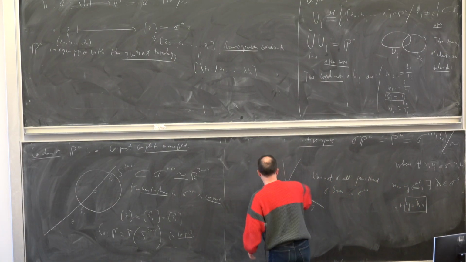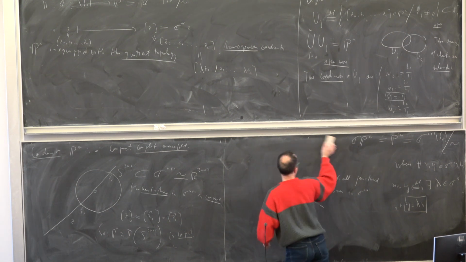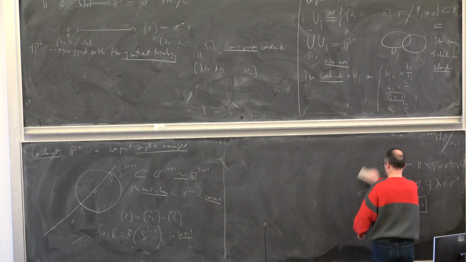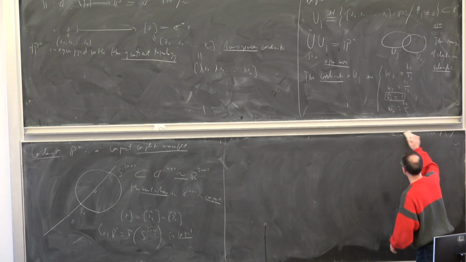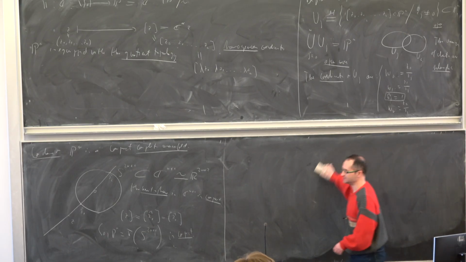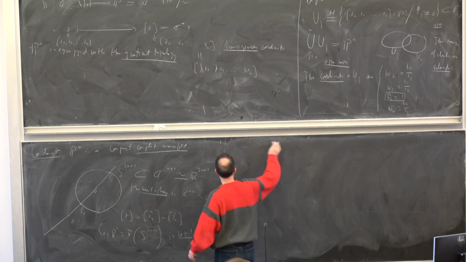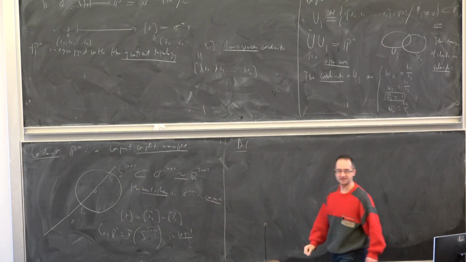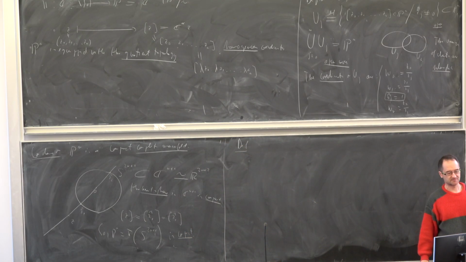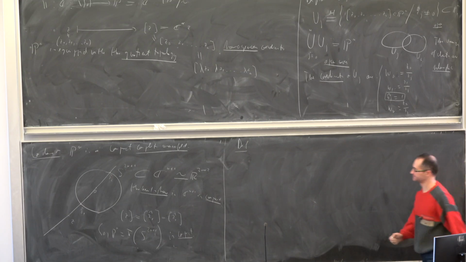And now, a fundamental definition in algebraic geometry is the definition of a projective manifold. A projective manifold, by definition, is a compact complex manifold that can be embedded into a projective space.